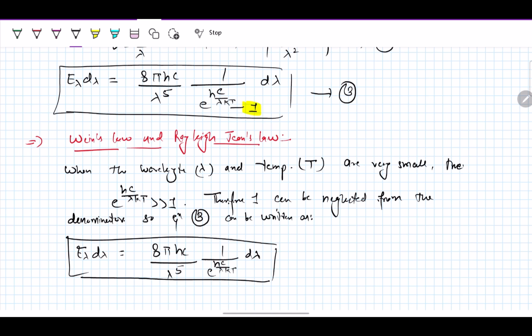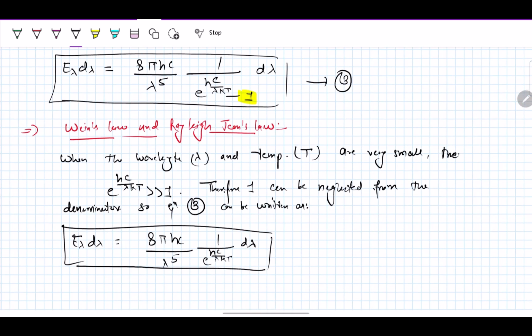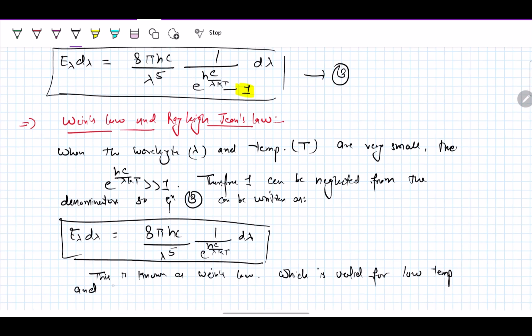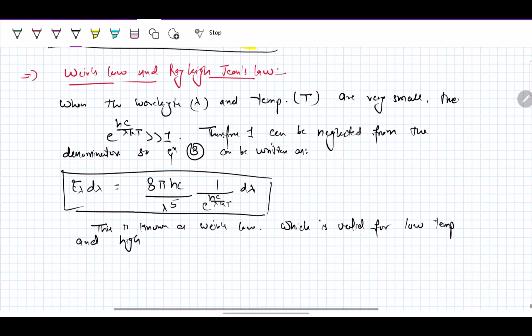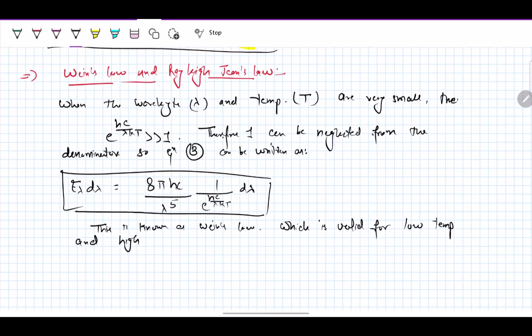This is called Wien's law, right? So this is known as Wien's law, which is valid for low temperature and small wavelength, right?